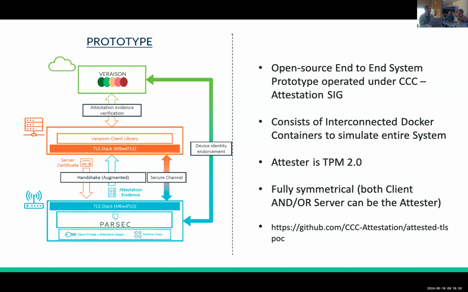And we have on the back of that a verifier that takes care of various things, right? Of course, verifying the attestation evidence, but also, because this is a platform attestation plus key attestation protocol, it also does some magic in order to release the key that has been attested.